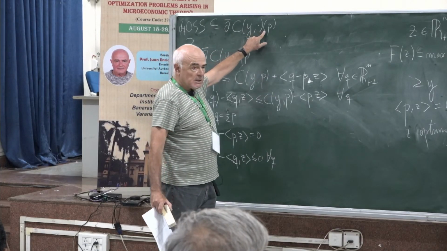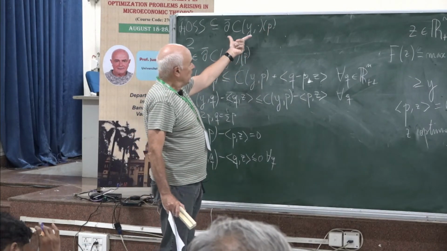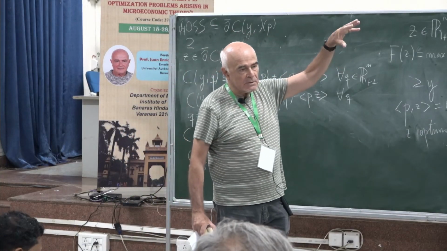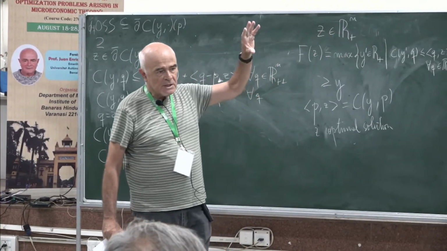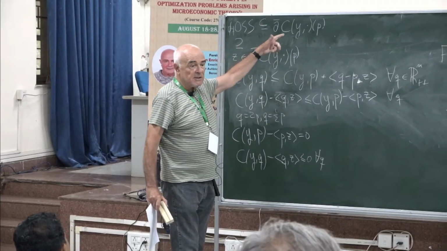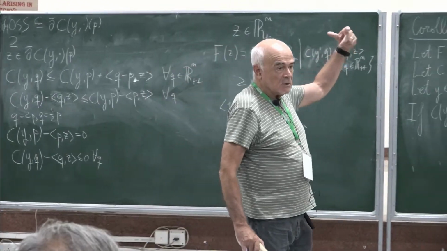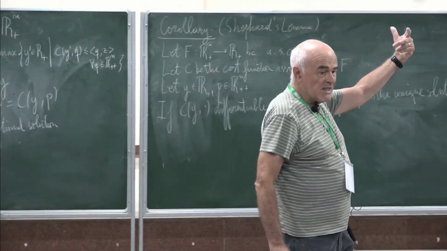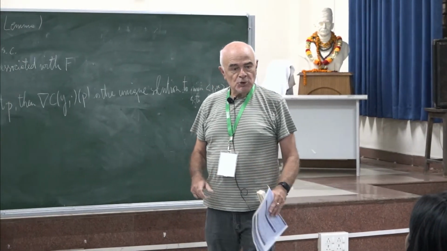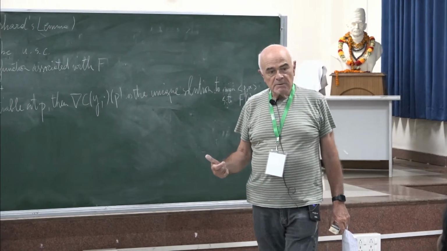Now, the set is a singleton because we are assuming differentiability. When a concave function is differentiable at a point, the superdifferential at that point is the singleton of the gradient. So this set is non-empty and contained in a singleton. Then it coincides with that singleton. So the optimal solution set is the singleton of the gradient. So there is a unique optimal solution to this problem, and this optimal solution is the gradient.